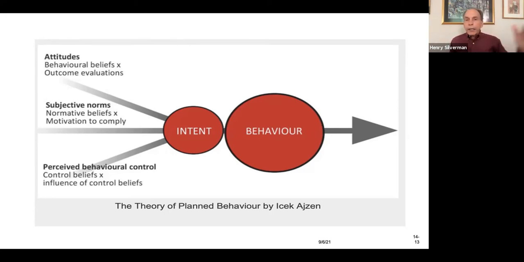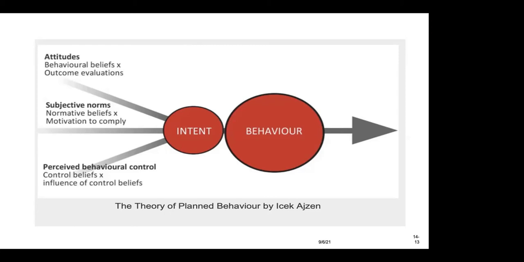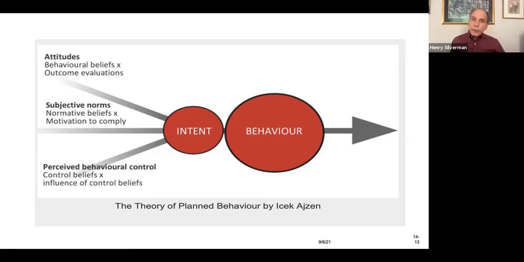Now, on the other side of the scale, you have knowledge. You want to know what their knowledge is about the subject matter, whether they know facts about the subject matter. Now, perception is how people perceive things or how they look at things or how they see the world around them.